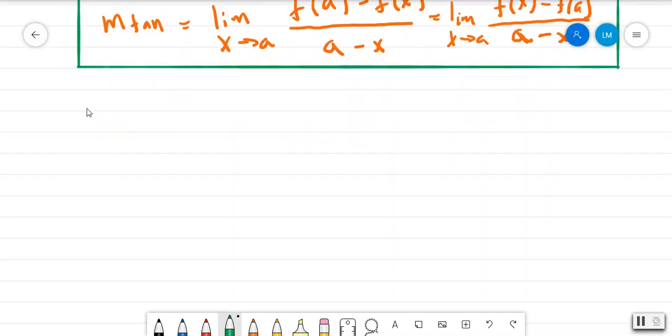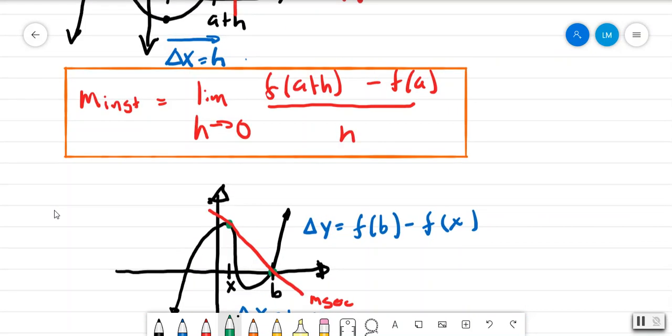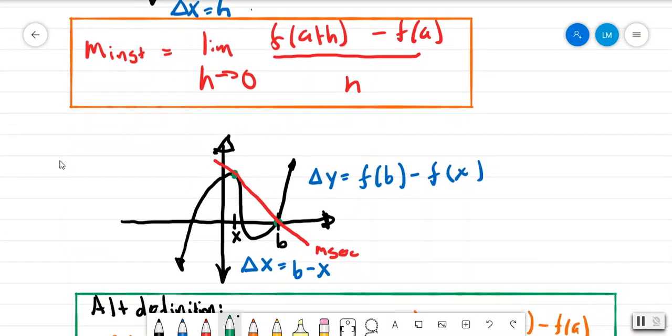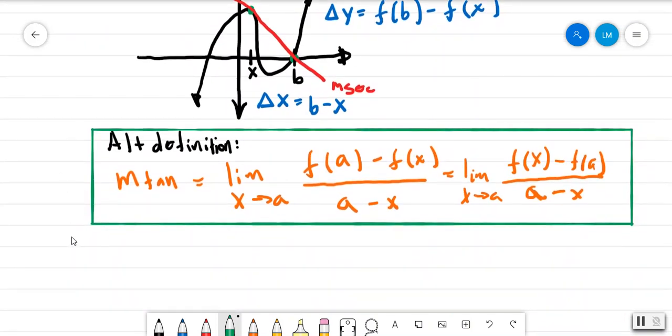Now, if we were to use this alternate definition or the definition of the instantaneous rate of change using the h value, you would get the exact same thing.